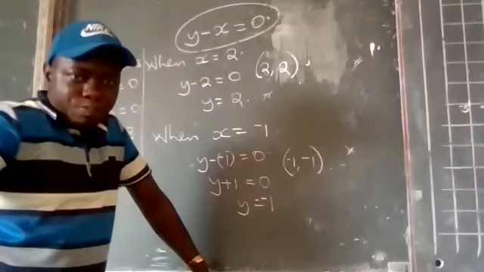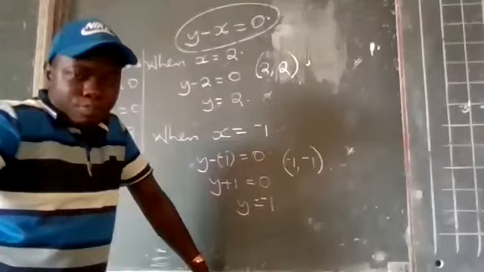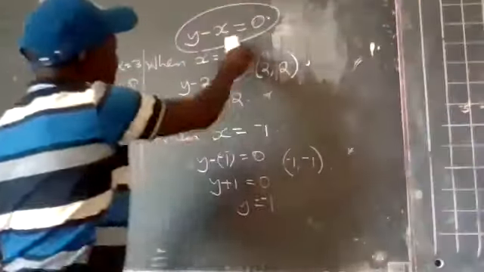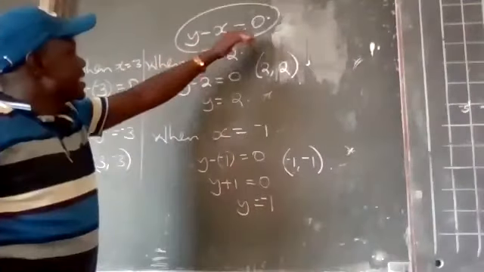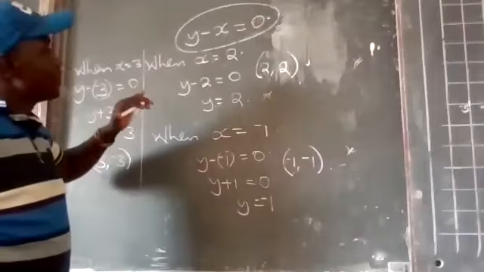Teacher, I'm still a bit confused there where I worked out that when x is equal to 1. Okay, they give you the equation of the line, which in this case is y minus x is equal to 0.